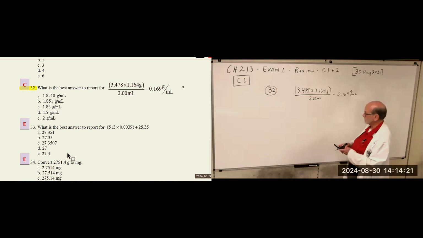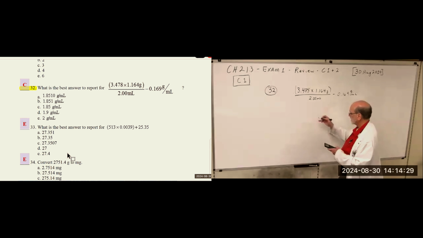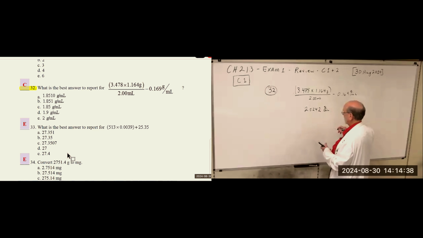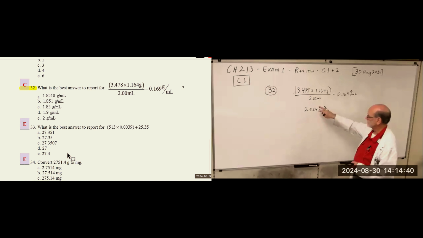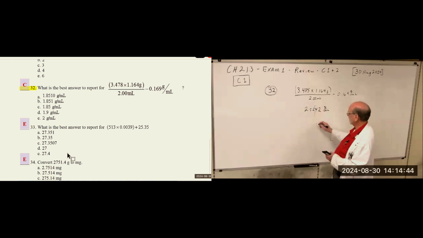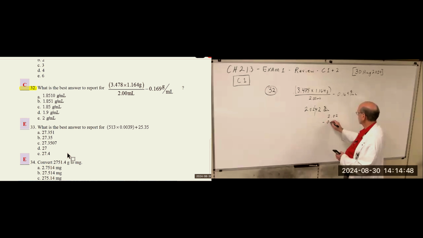So 3.478 times 1.164 and divided by 2. Okay, my calculator says 2.0242 grams per milliliter. How many can we keep? Only 3, right? So we're stuck with that one. This is 2.02 minus 0.169.